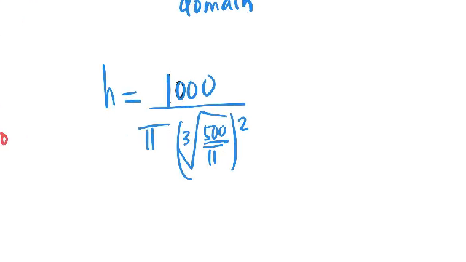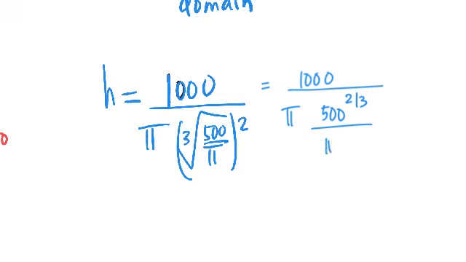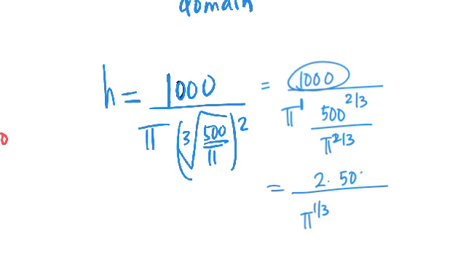We can simplify this a little by putting it into rational exponent form. So it's pi times 500 to the 2/3 over pi to the 2/3. And this is like pi to the 1 divided by pi to the 2/3, so I'll get pi to the 1/3 there. On the top, I have 1000, which is 2 times 500, over 500 to the 2/3.